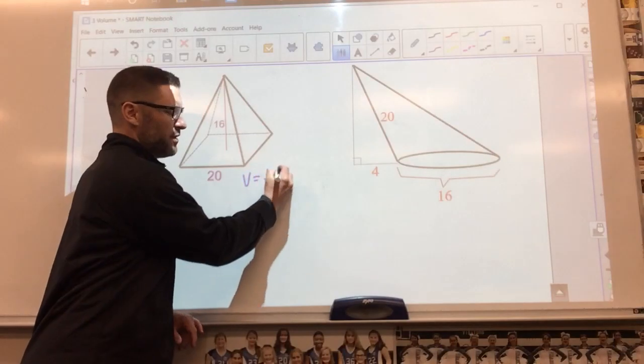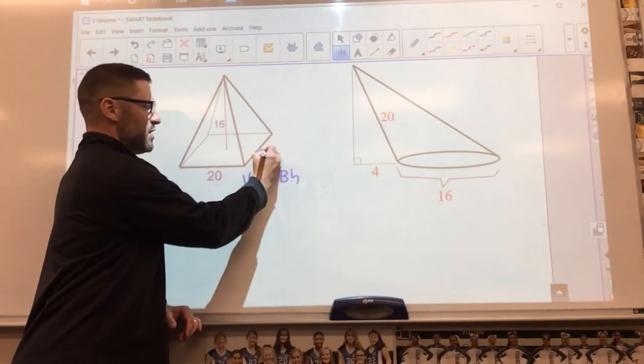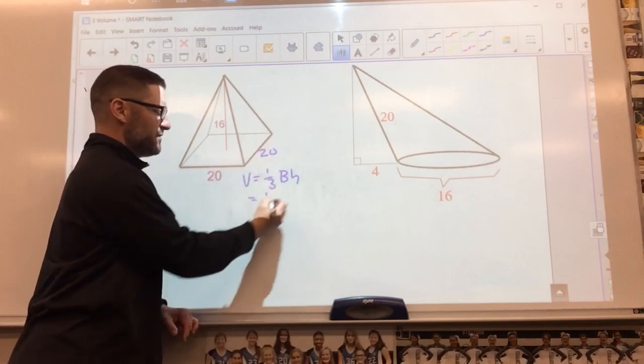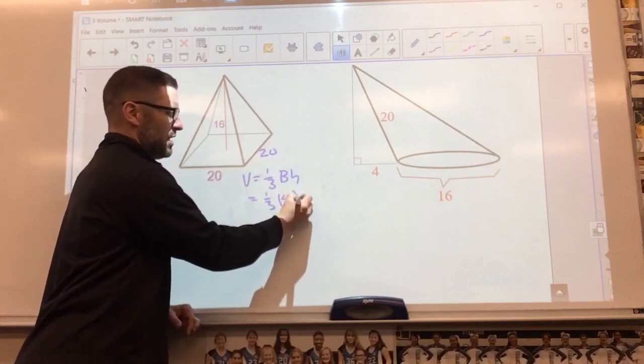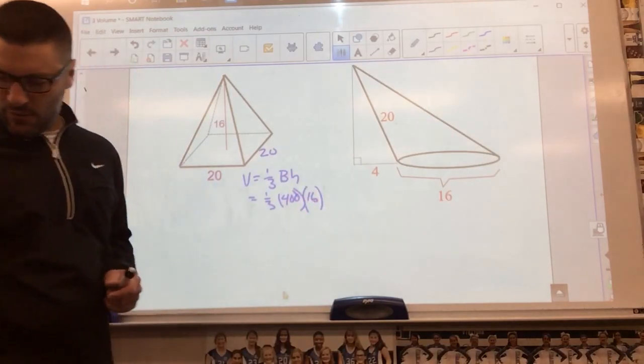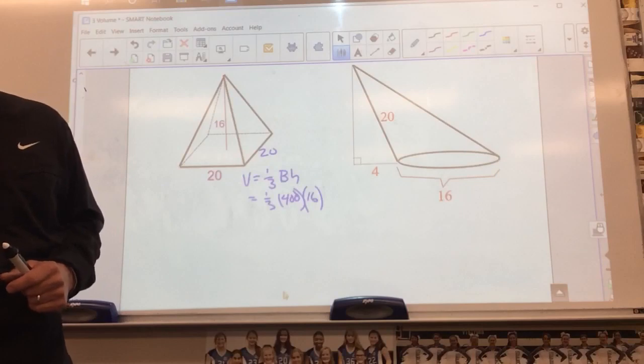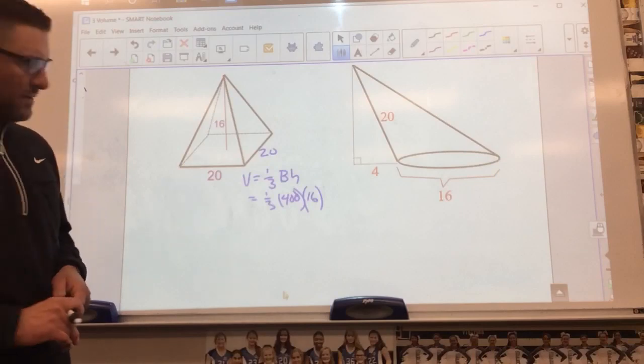Volume equals 1/3 big B H. 1/3. Area of the base is 20 by 20. 20 times 20 is 400. And then the height is 16. I'm going to take 400 times 16 and I'm going to try to divide it by 3. I don't think it's even. Nope.